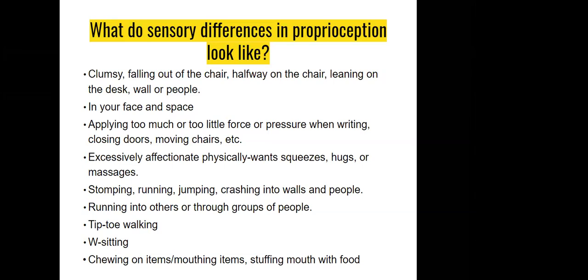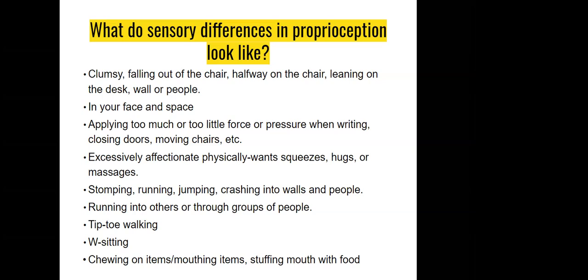Tiptoe walking is, when you see kids doing this, they're most likely trying to get more input through their feet or their legs, ankles. So you want to try to fix this because that can lead into issues down the road.